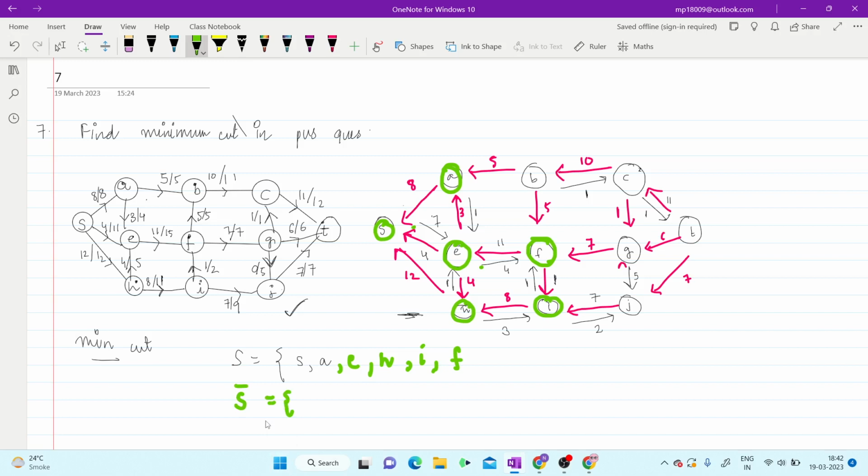No path from S to B. So this will go into S complement. What about G? Do we have a path from S to G? No. So this is also in S bar. What about S to J?